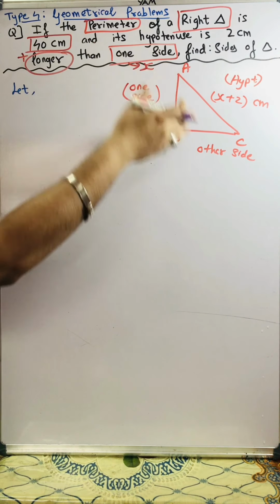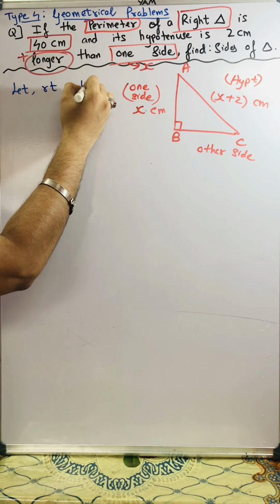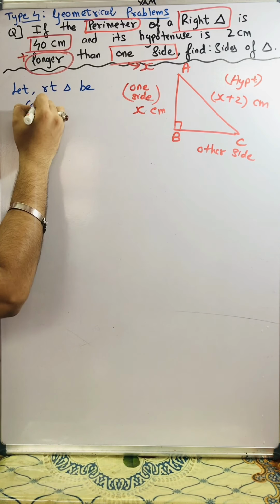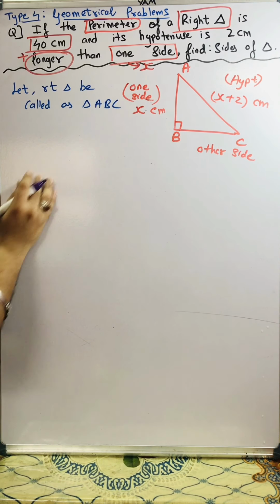First let me name the triangle. Let the right triangle be called as triangle ABC.